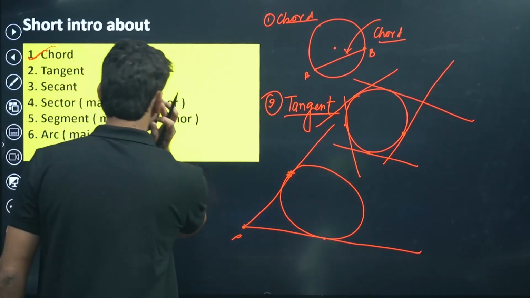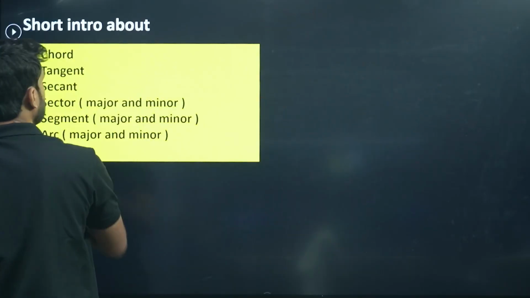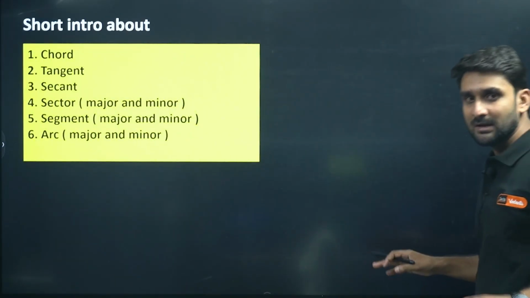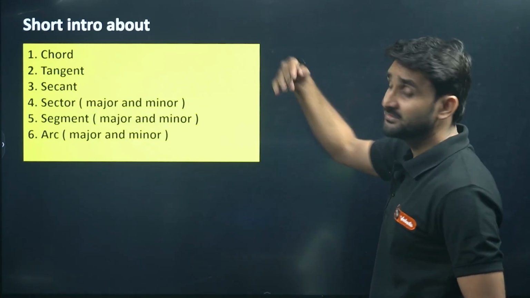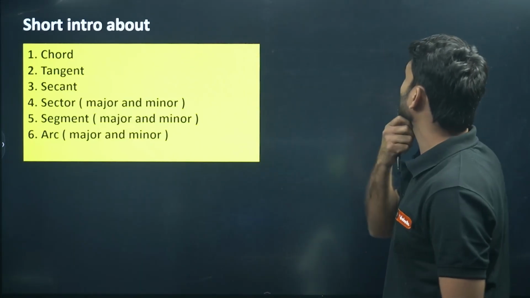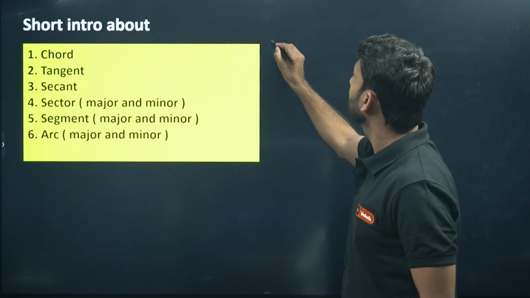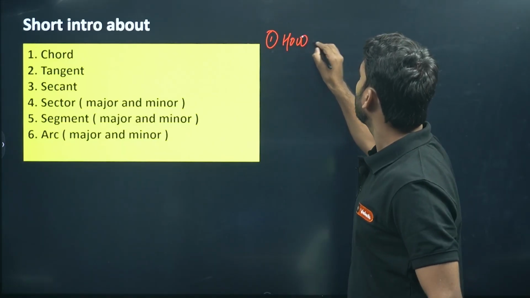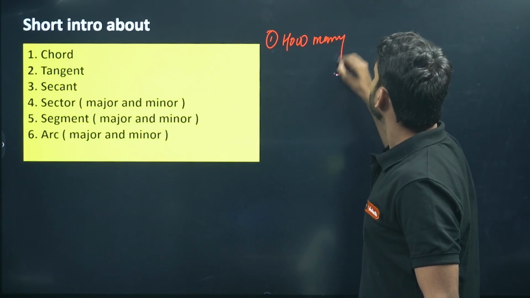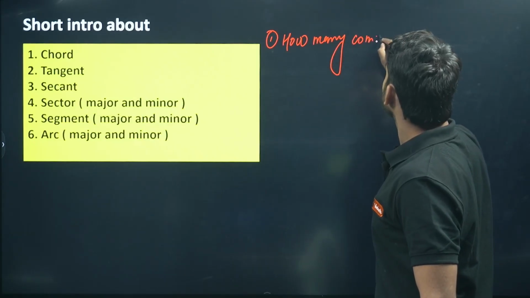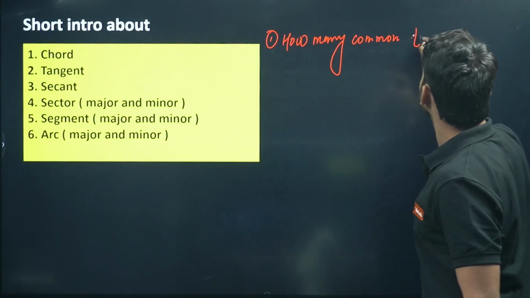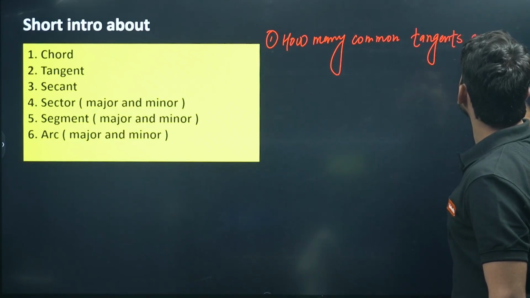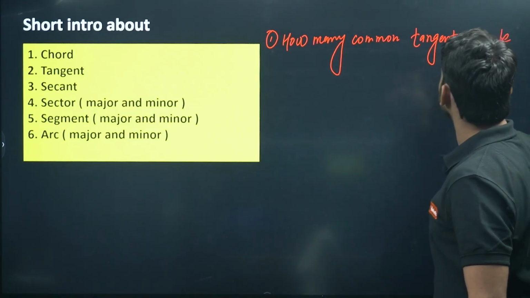And sometimes the board asks questions like this on tangent. Let me tell you what type of question the board can ask. On the basis of tangent, my first question is: how many common tangents can be drawn?